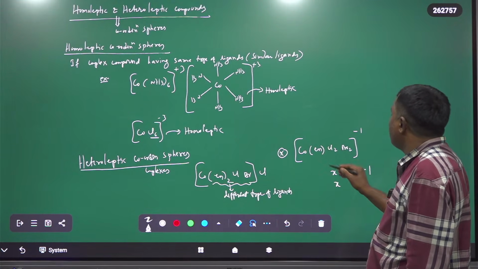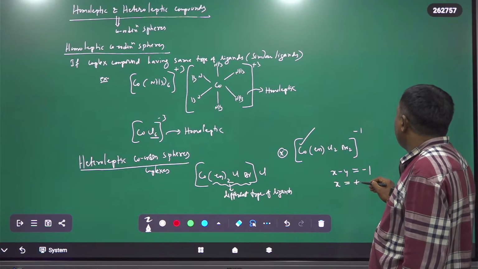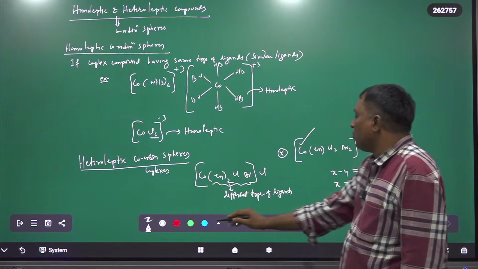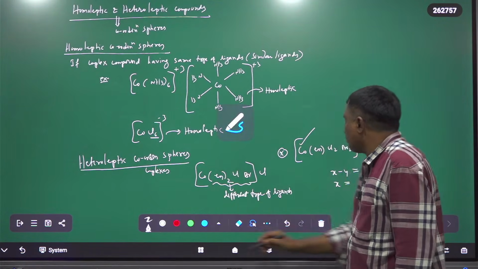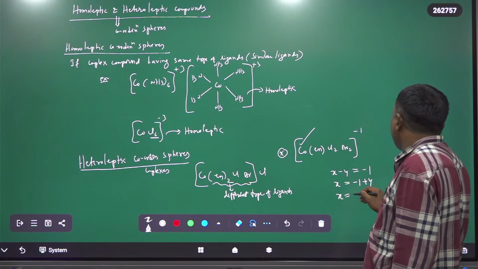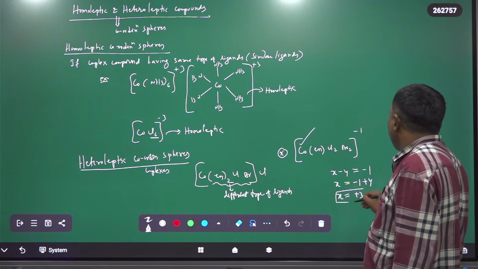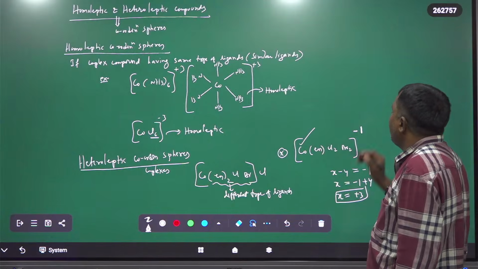What will be the oxidation number of this Co? X minus 4 is equal to minus 1, so X is equal to plus 3. Therefore you should write the charge on the sphere as minus 1.